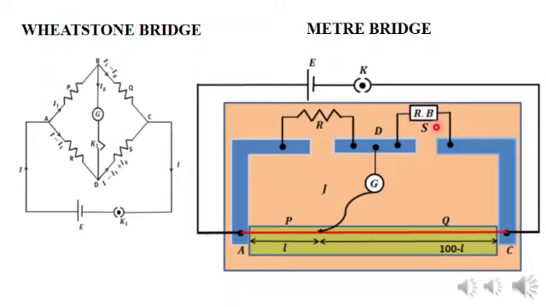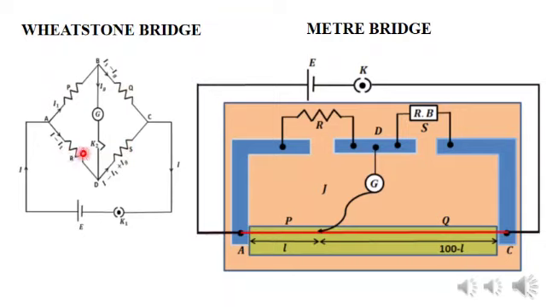Now we can check how this meter bridge is equivalent to a Wheatstone bridge. This can be done by checking the positions of resistances, cell, and galvanometer.